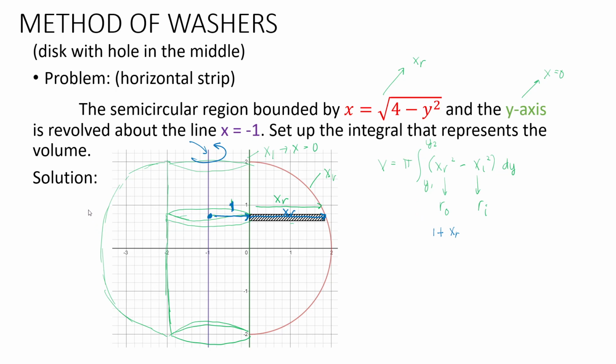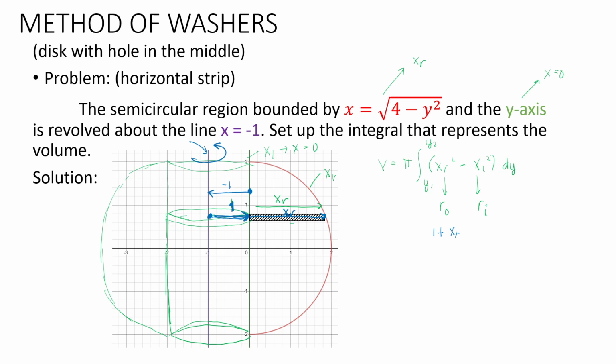Do you understand? Okay. So our inner radius, going to this distance is 1 unit. Or if you are referring to it with the other one, that would be -1, if coming from the y-axis.